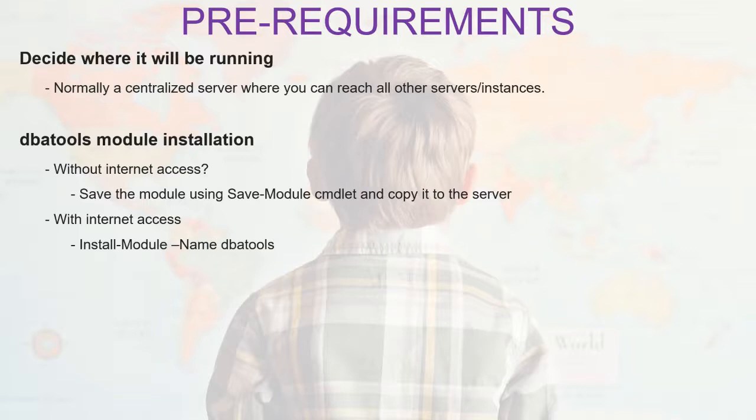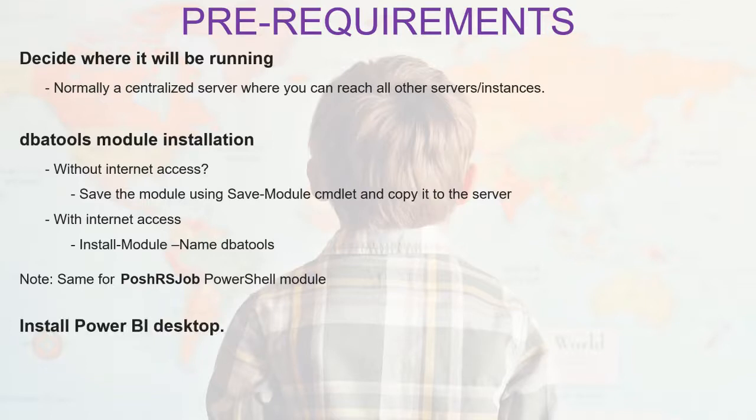For this particular solution, you will also need the PoshRSJob PowerShell module. This is a module made by Boe Prox that makes it possible to run our scripts in parallel with multi-threading. And that will be a plus whenever you want to work with a lot of instances and not just a couple of them. And the other part of the solution is having Power BI. I'm saying here Power BI Desktop because it is free.